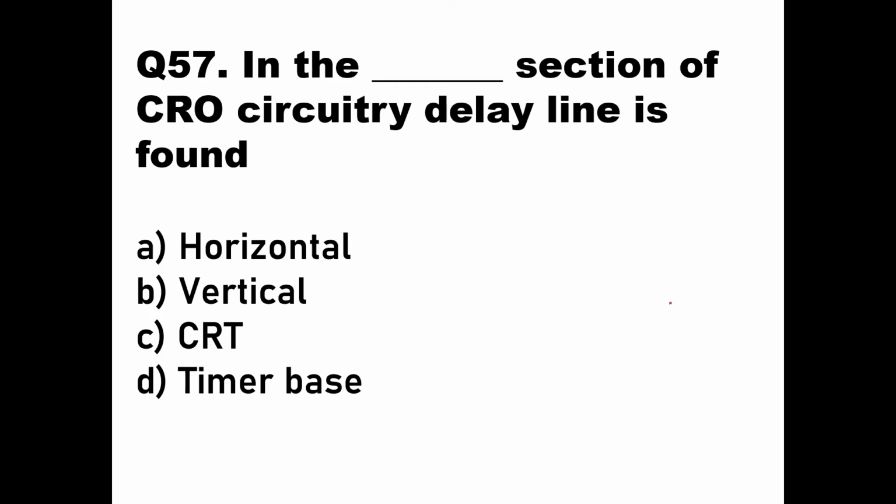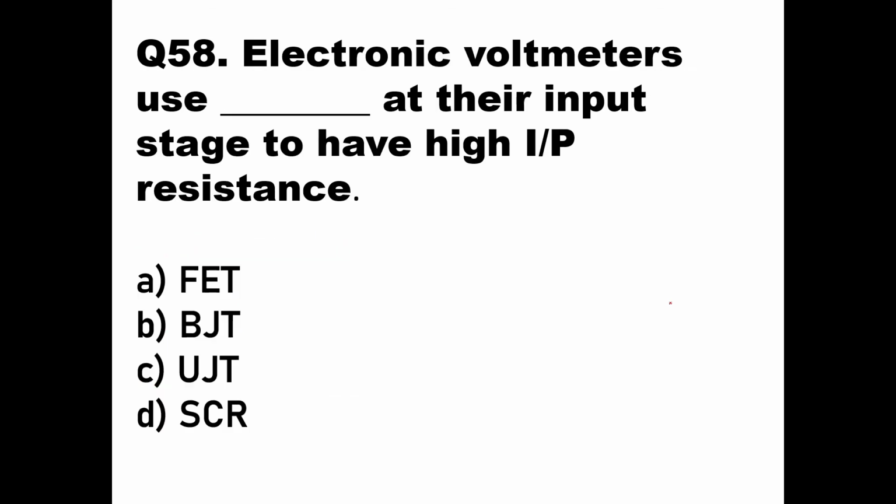So to make the horizontal section ready in that time, the vertical input is delayed. So in the vertical section of CRO circuitry, delay line is used. So here the option will be vertical. Then we'll go to the next question, 58.